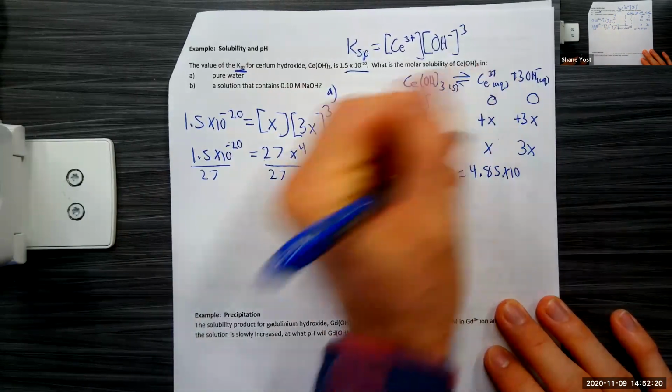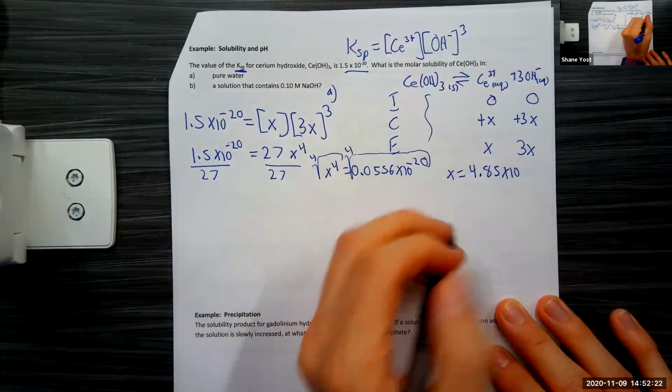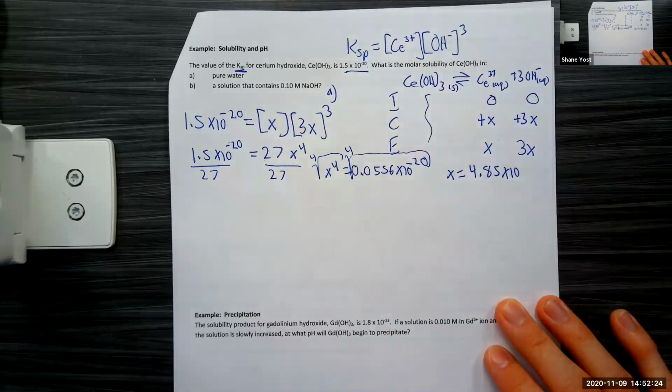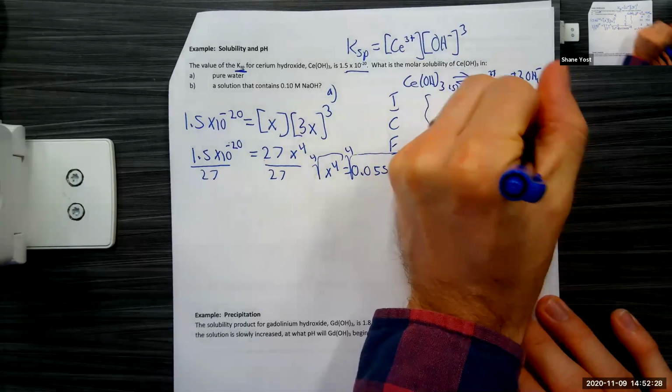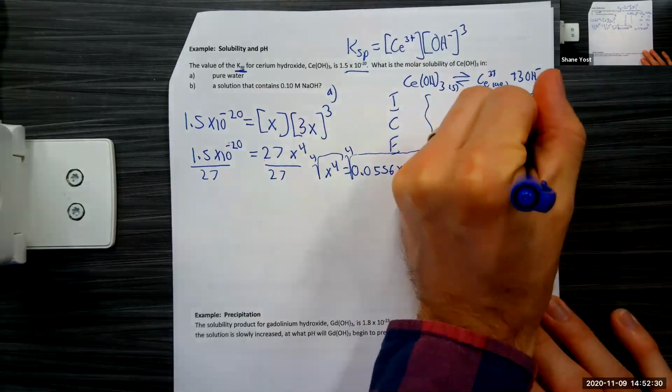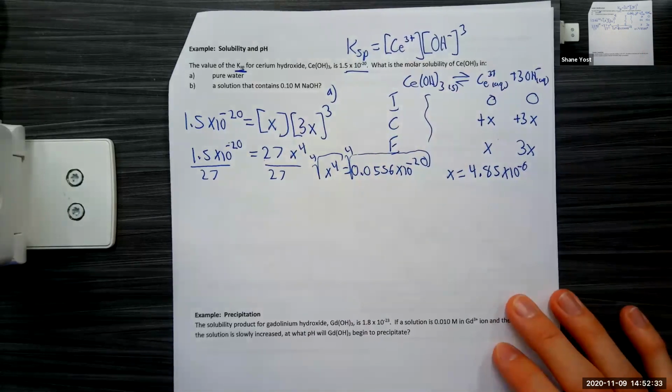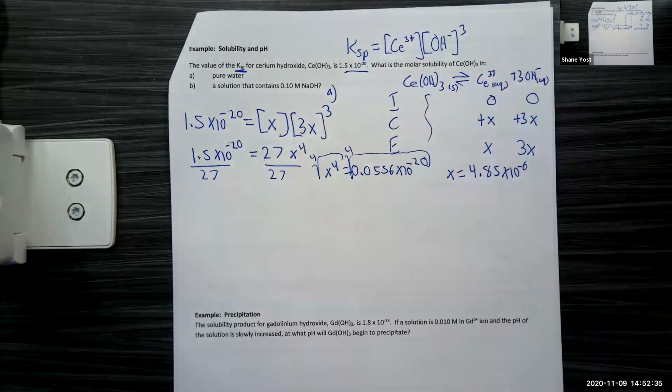4.85 times 10 to the minus 6. I'm trying to make sure I did the math right. Yep, I believe that should be correct.